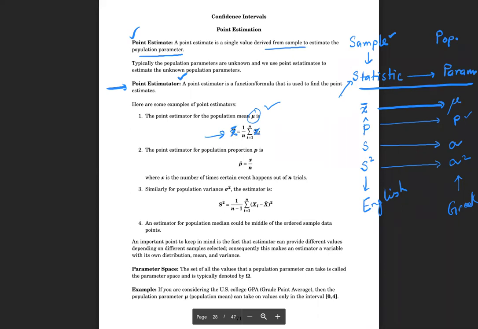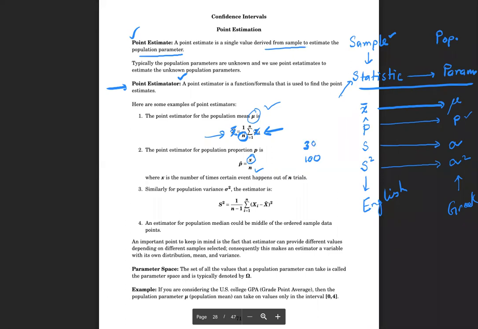And for population proportion, this is nothing but the formula for finding average. You add the numbers and divide it by the total number of data points. And for proportion, X is the desired outcome divided by the total trials, or total number of times that has been tried. So that's the proportion. For example, you surveyed 100 people and 30 of them said they support abortion.